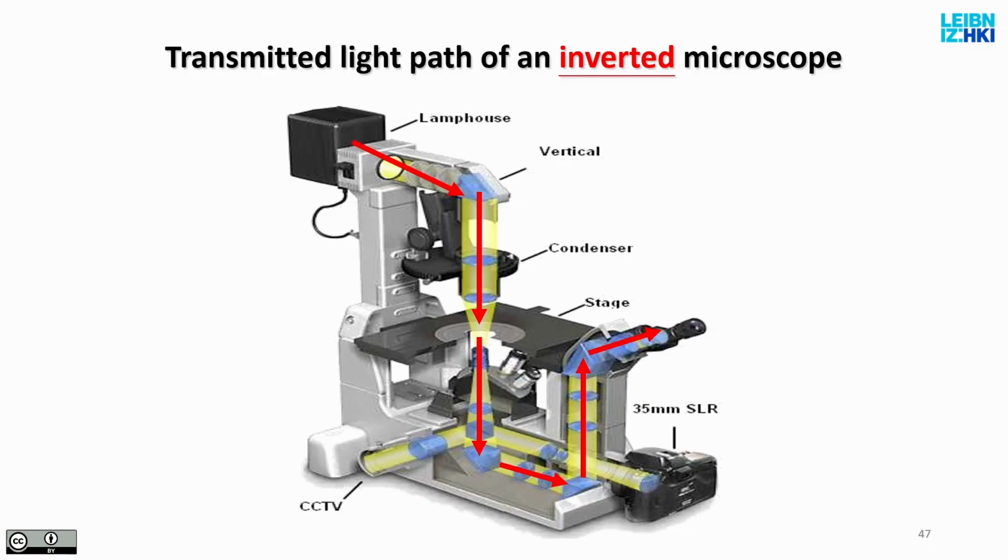A detector is then positioned at the end of the light path on the other side of the sample. And in this case, the total NA is determined also by the numerical aperture of the condenser lens.